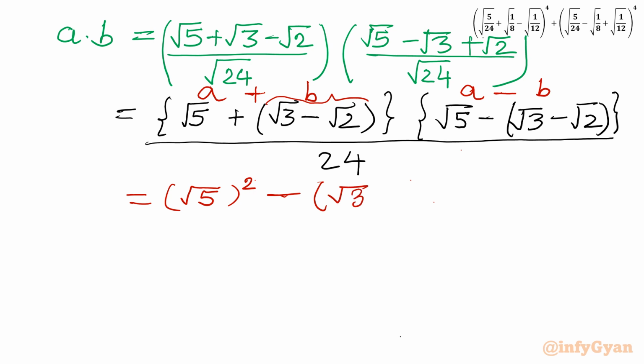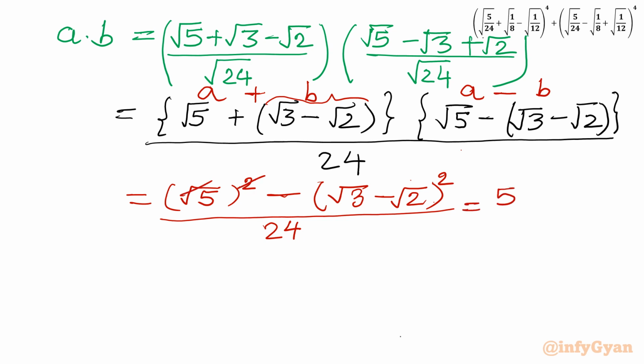So B is root 3 minus root 2 whole square, and the denominator is 24. So I can write here root and power 2 will cancel. So 5 minus root 3 minus root 2 whole square over 24.